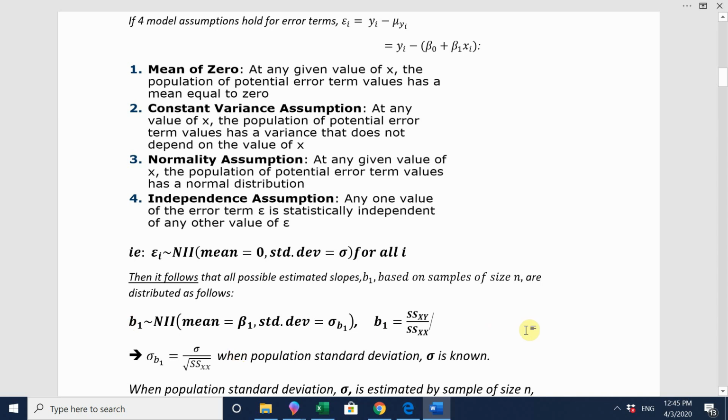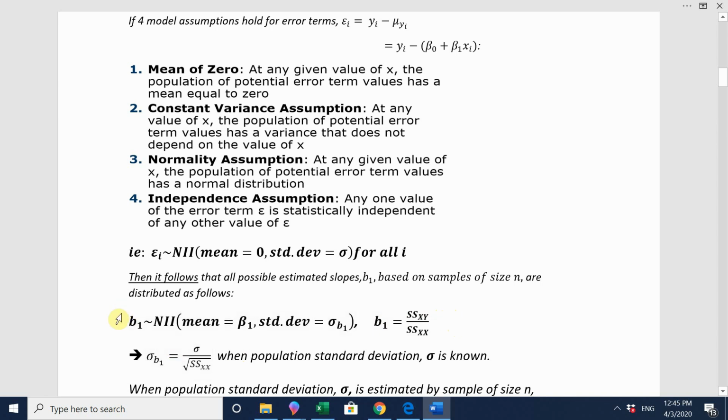Okay, let's not forget here what the equation is, using the method of least squares. The equation to determine the estimated slope is the sum of squares of the x and y divided by the sum of squares of the x's.